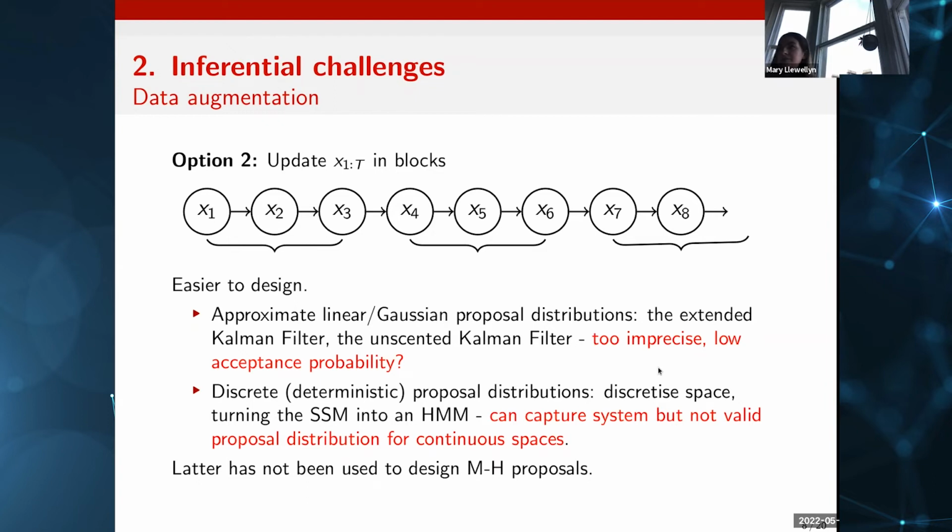So for the general case, it seems quite natural that we should also consider the use of discrete approximations. The one that we're going to focus on is how we can use discrete approximations to formulate proposal distributions for these block updates of the states.